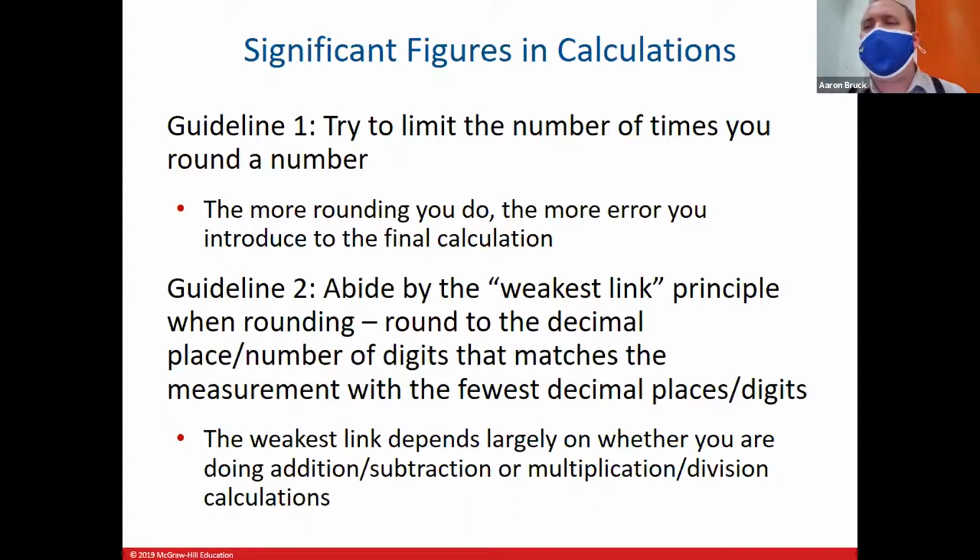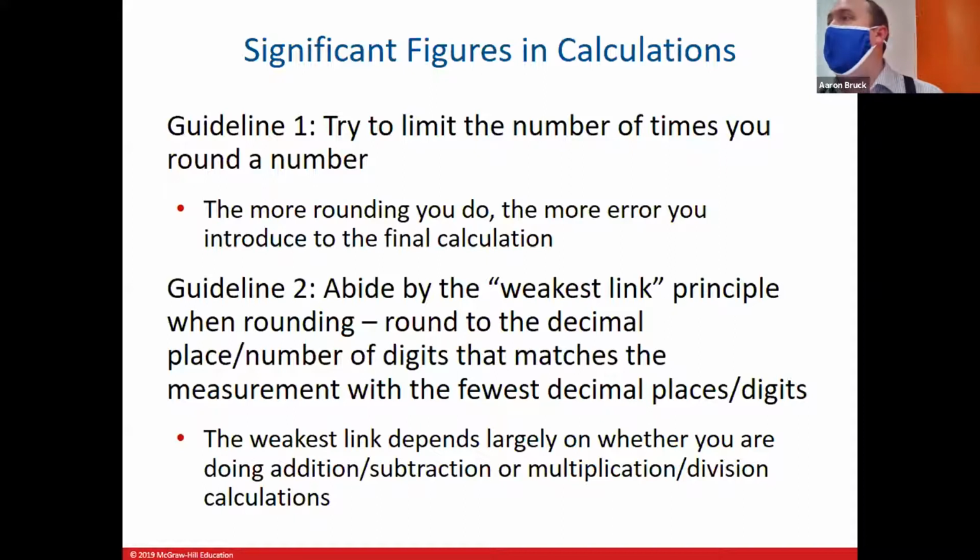If you don't do that, let's say that you need to add two numbers together and you add them together, and then you round the number, and then you add the next number, and then you round again, and then you add the next number, and then you round again. Every time you add or subtract, multiply or divide, every time you round a number in a calculation, you're introducing error.